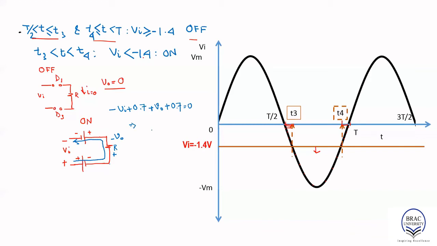So that gives us V naught equals Vi minus 1.4.